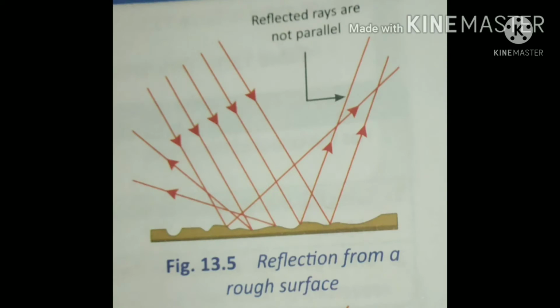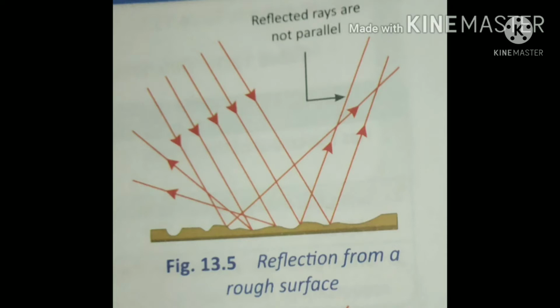See this. Students, see this picture. See the beam of light is incident and falls on the surface and it is reflected. That means returned back. The returned back rays are called reflected rays. See here, the reflected rays are not parallel like the incident rays, that means the rays first coming from the source of light.